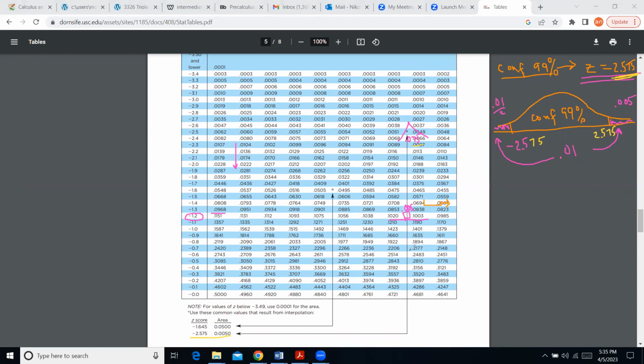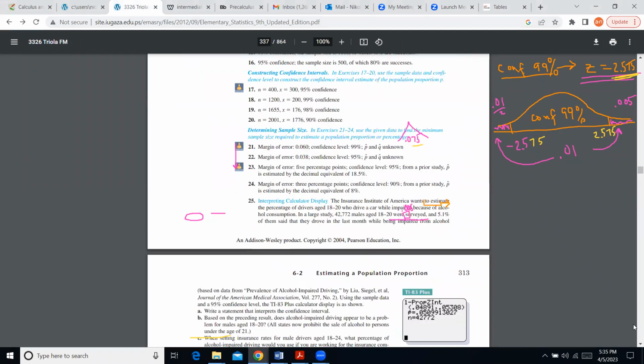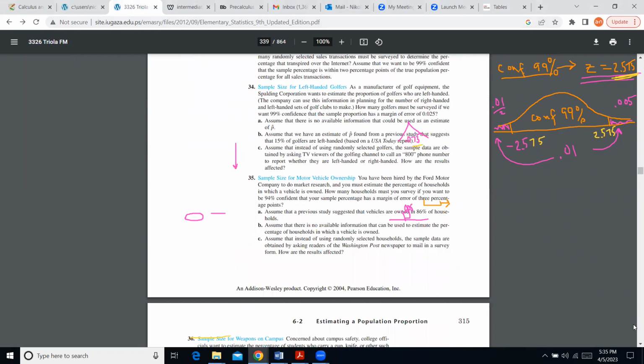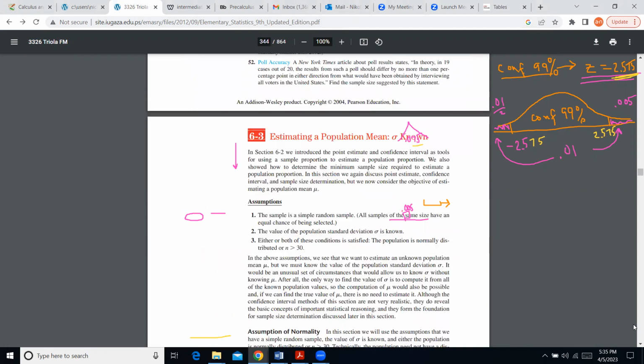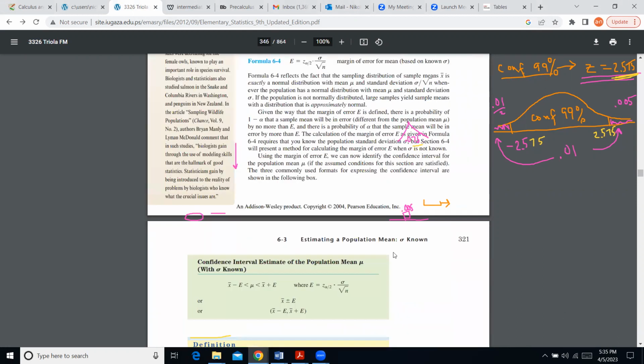So looks like we have this process, and I will go back to the textbook, and I want to look at section 6.3. Then I will return to section 6.2, but I think that section 6.3 will give us a better, actually more familiar formula that says x minus z times sigma over square root of n.